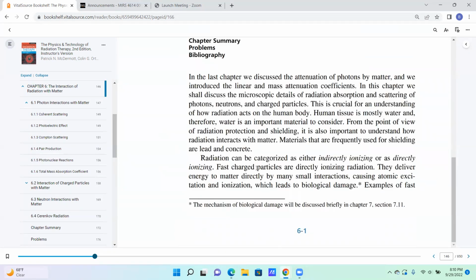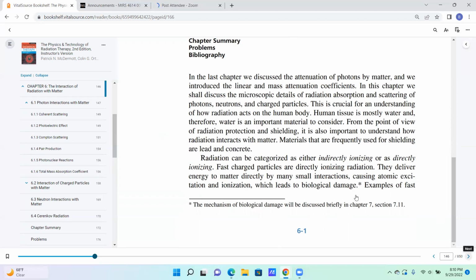All right. Again, radiation can be characterized as either indirectly ionizing or directly ionizing. Fast charged particles are directly ionizing radiation. They can deliver energy to matter directly by many small interactions causing atomic excitation and ionization, which will lead to biological damage.